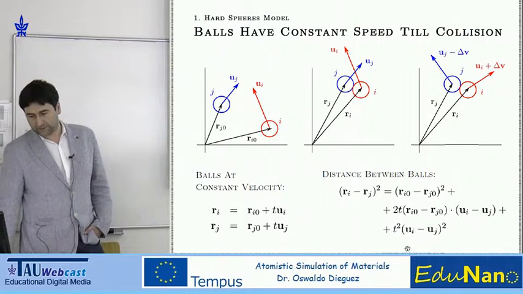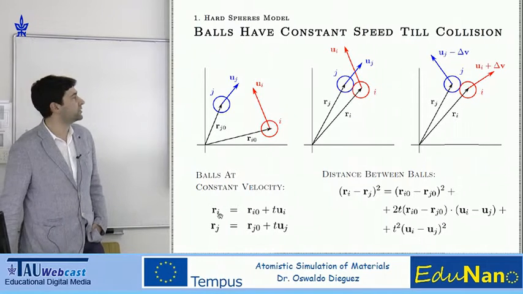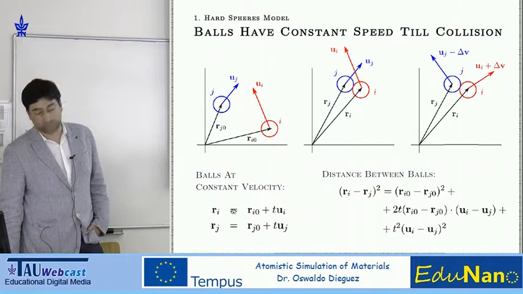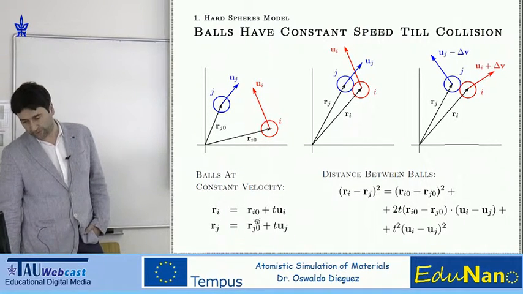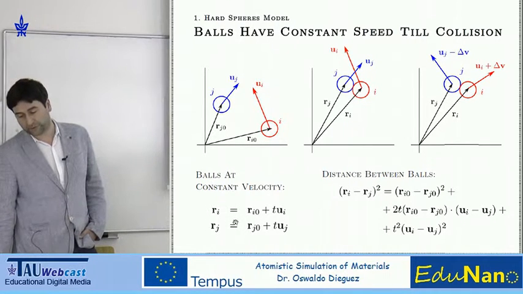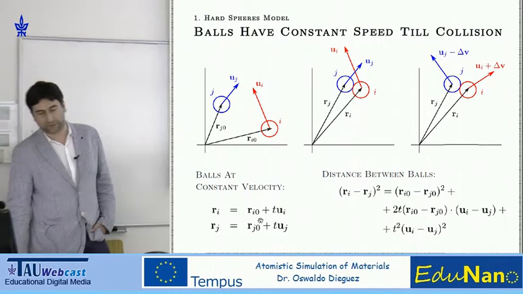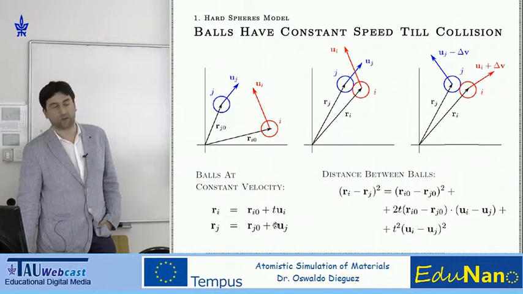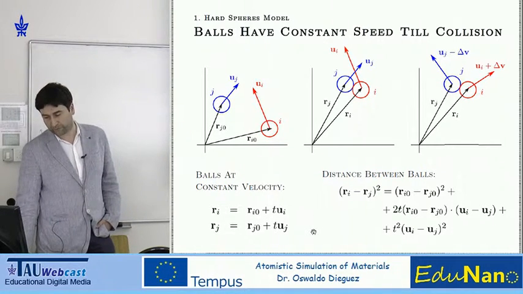If they are going at constant velocity, then the equations of the movement are very simple, as you all hopefully remember from your kinematics course. The position at every time is the initial position plus the velocity times the time. This is true for the two of them.